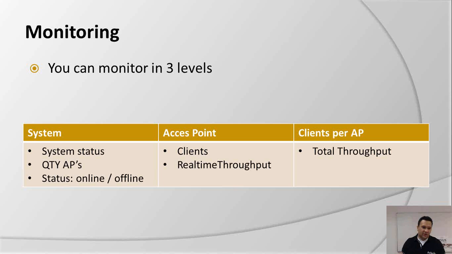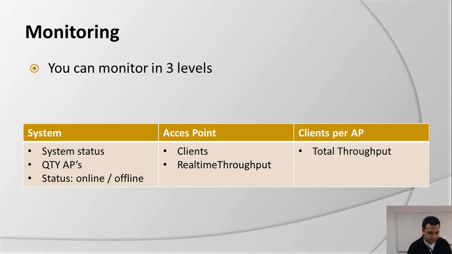Then the second level is the access points, and in the access points we can see which clients are connected, and we can see the real-time throughput of our access point. The last level is the clients per AP, and on the clients we can monitor the total throughput of the client.